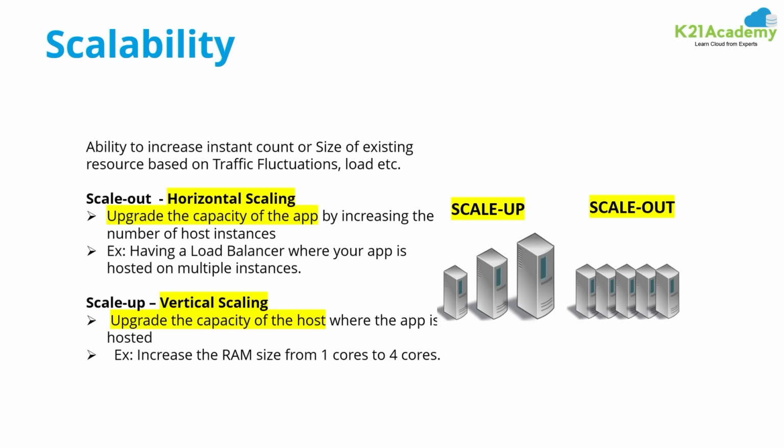That means I am scaling my infrastructure horizontally. If I add resources to the same server, I am doing the scaling in vertical fashion, but this is known as scaling. Now just think about storage.